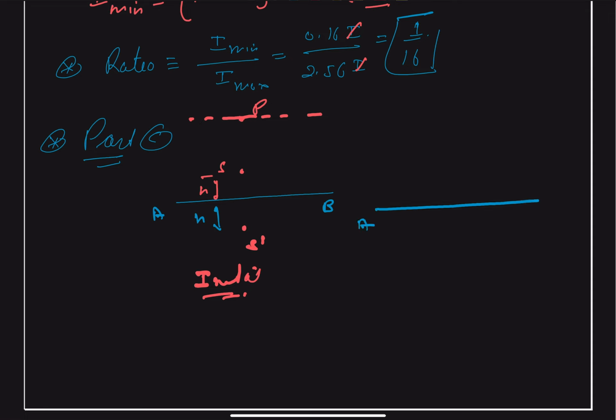This is our AB, and the source will still be here, and we can call this h plus minus x. Similarly, we are going to have our S prime, which will also be h plus minus x, and P is still here. This is our final condition. We need to find out this x.